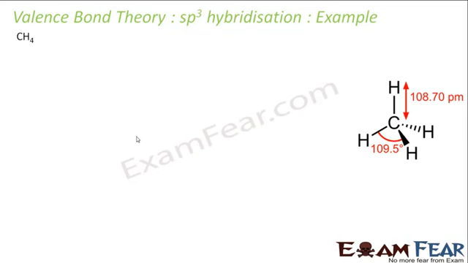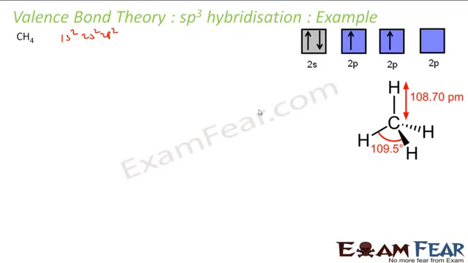Let's take the carbon example of methane, CH4. The electronic configuration of carbon is 1s2, 2s2, 2p2, correct? I'll create this box for the valence shell, because that's what I'm bothered about.